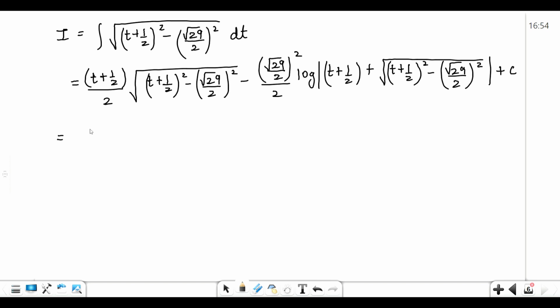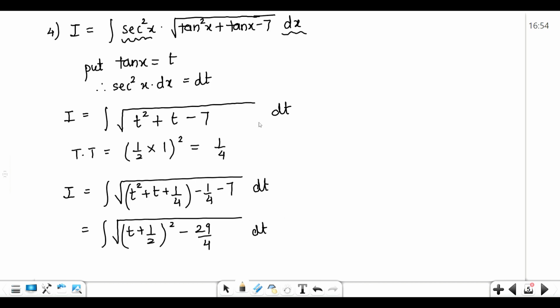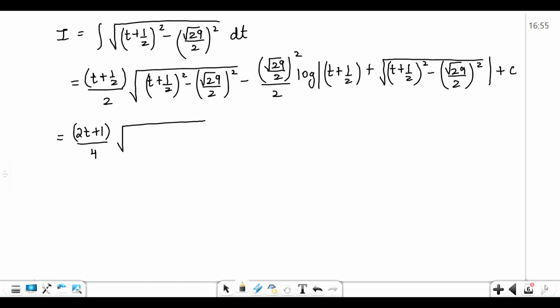Okay, now if you just solve this, this will give you 2t plus 1 upon 4, and if you just open this square root part, this will give you the same question, that is this term. Okay, if you just open this, it will give you this only, so you can just copy it.